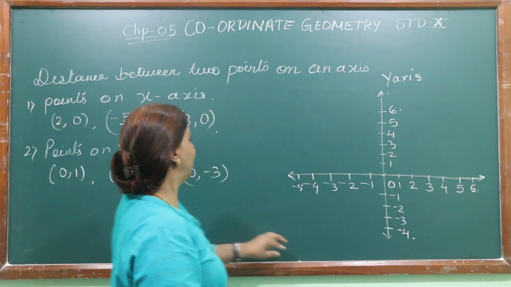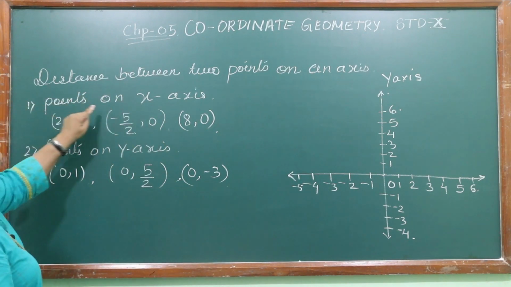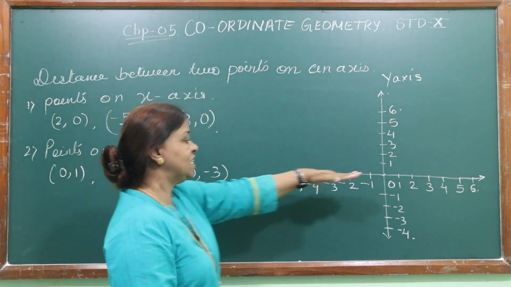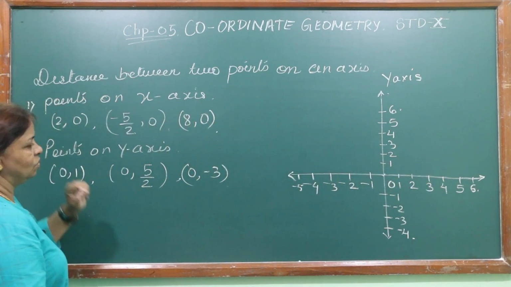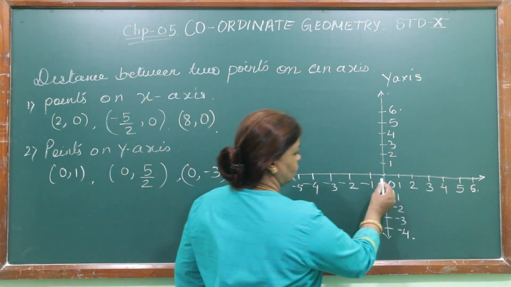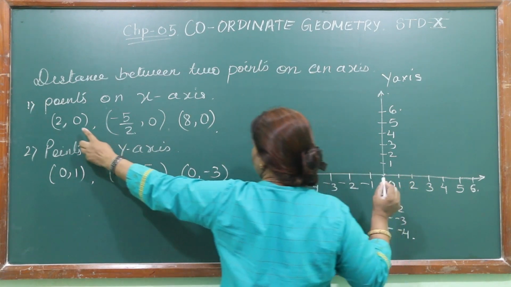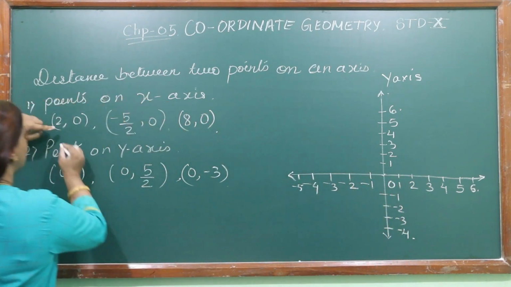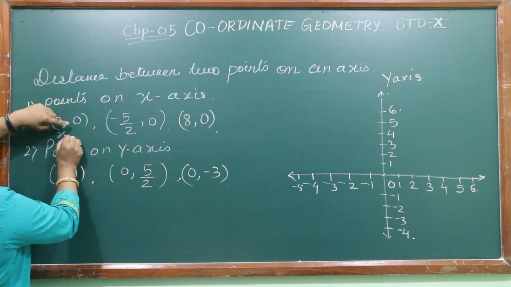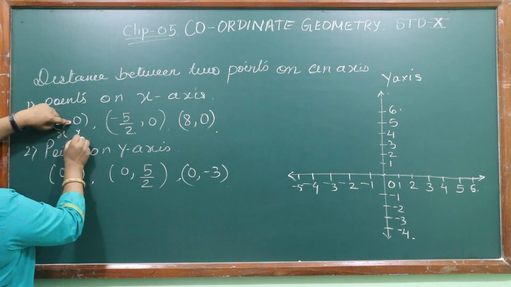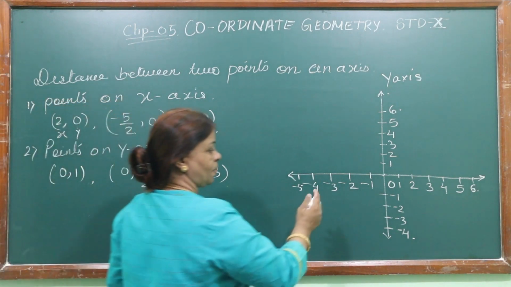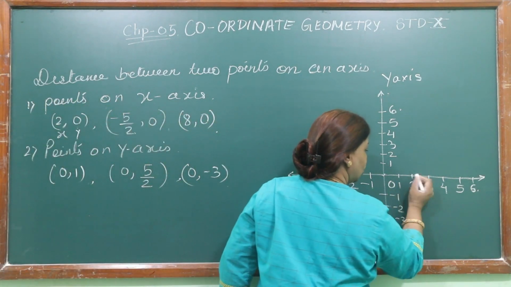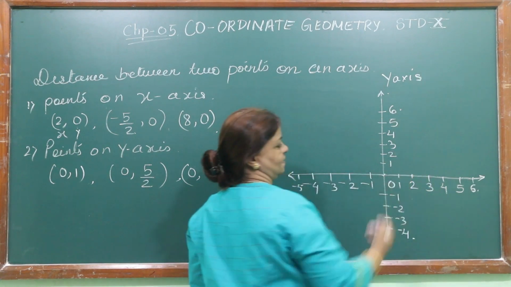Let us see where these points lie. Points on the x-axis. If the point is on the x-axis, (2, 0), see 2. On the x-axis, the first coordinate is the coordinate of the x-axis. The second coordinate is the coordinate of the y-axis. So (2, 0): 2 is there, 0 steps on the y-axis.